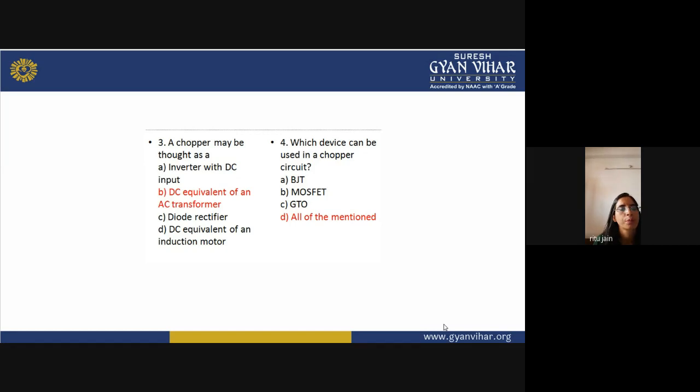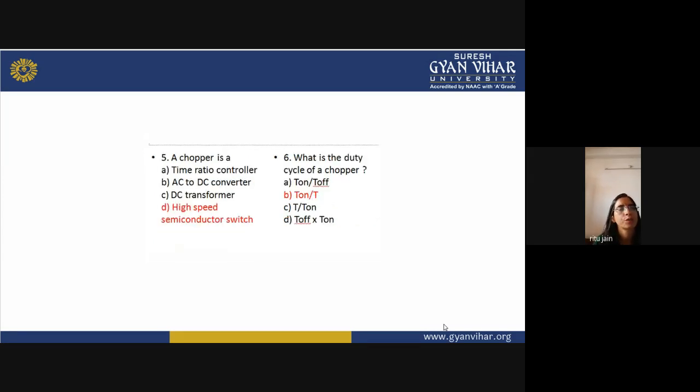Next, which device can be used in a chopper circuit? As a switch in a chopper circuit, you can use a BJT, MOSFET, GTO, or any kind of semiconductor device which you can use as a switch. Now the fifth question is, a chopper is a time ratio controller, AC to DC converter, DC transformer, or high speed semiconductor switch.